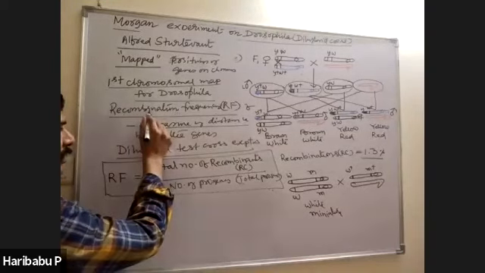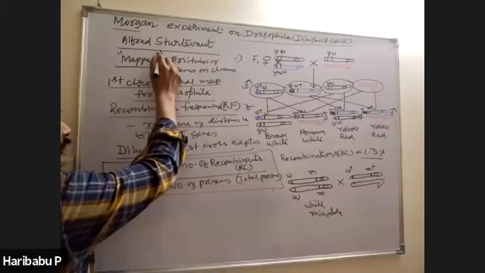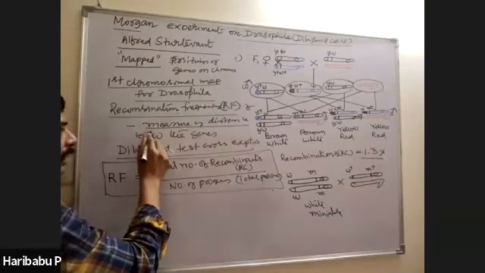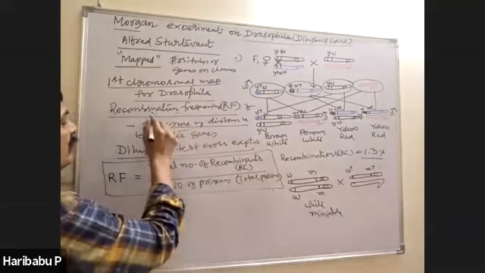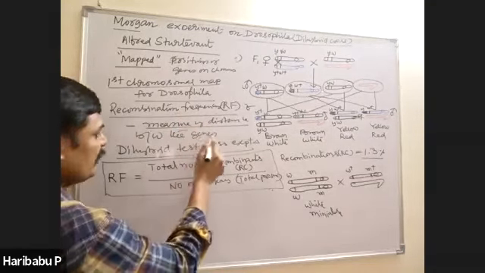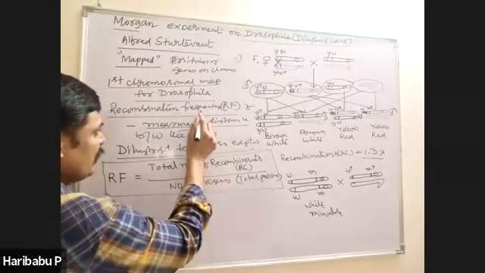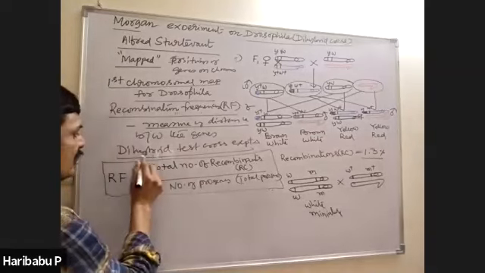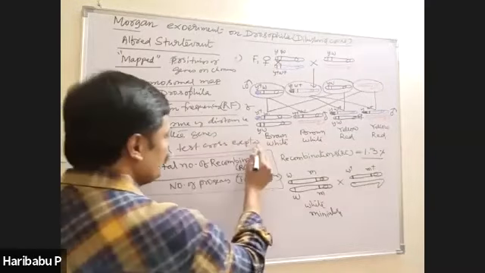Recombination frequency, according to Alfred Sturtevant, is nothing but the distance present between the genes. So recombination frequency is a measure of distance between the genes, and it can be calculated from the results of dihybrid test cross experiments.